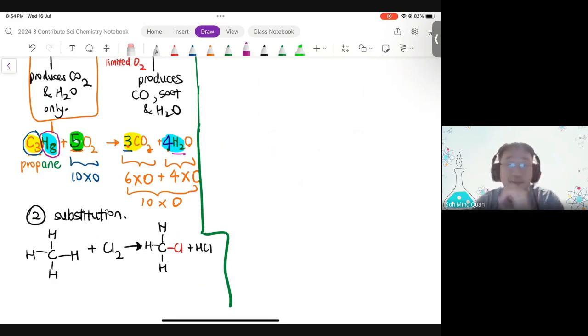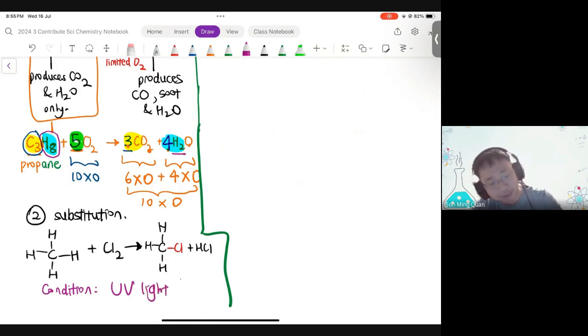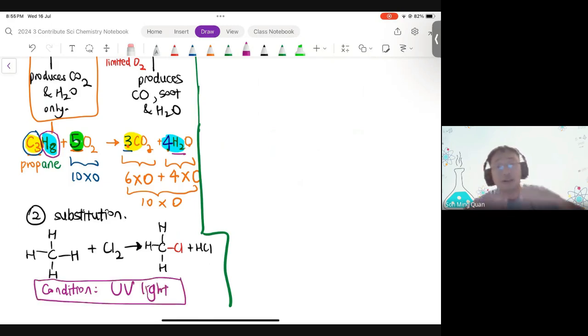Okay, now what is important in organic chemistry is to learn the names of the reactions as well as the conditions for each reaction. So what is the condition? The condition for substitution is ultraviolet light. So it's very important to learn the reaction together with its condition.